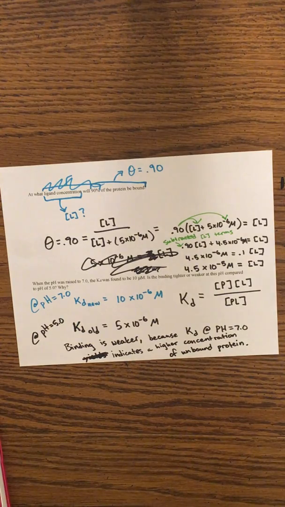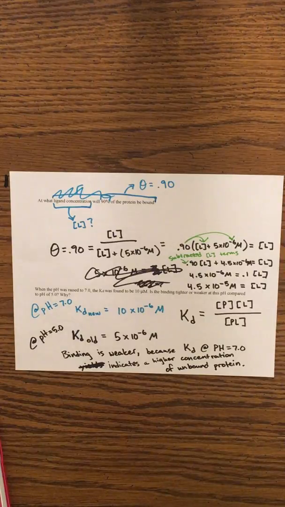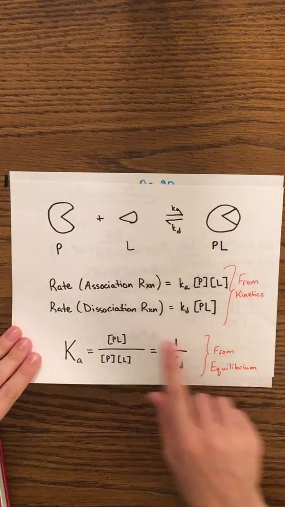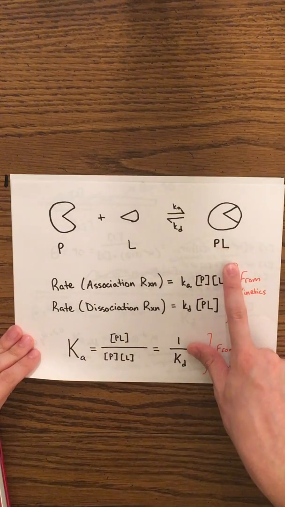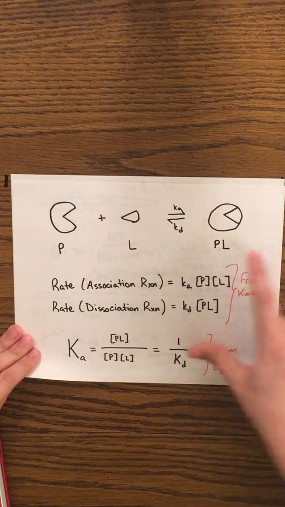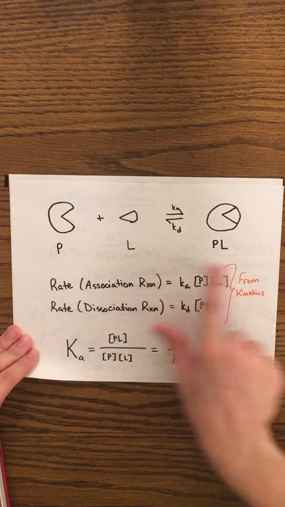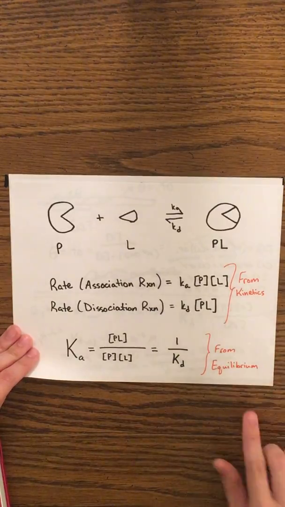Alright guys, so that is the end of our first part of applying equilibrium and kinetics to some more applicable biochemistry. What we have learned today is the general reaction mechanism of what happens when a protein binds to a ligand and forms a protein-ligand complex. We talked about the rate laws associated with this sort of system, and those were descriptions that came from kinetics.